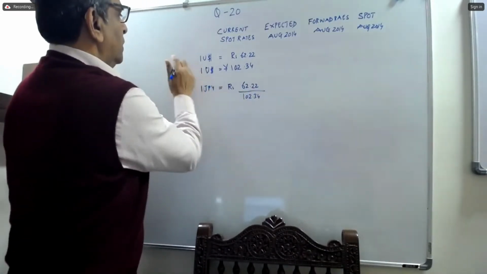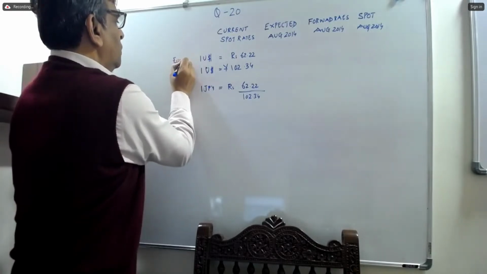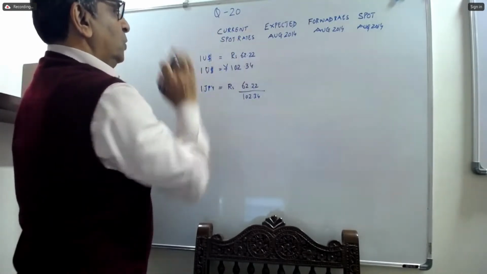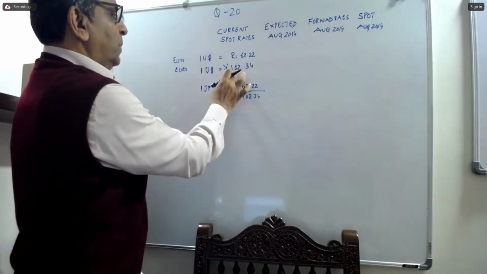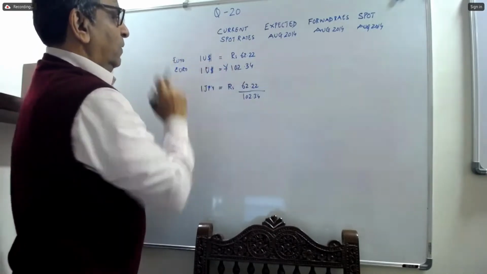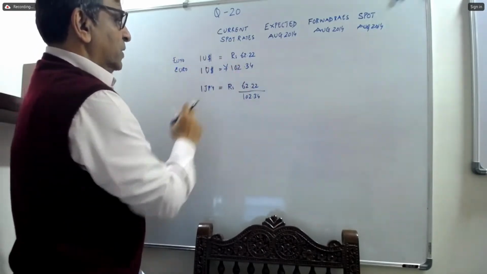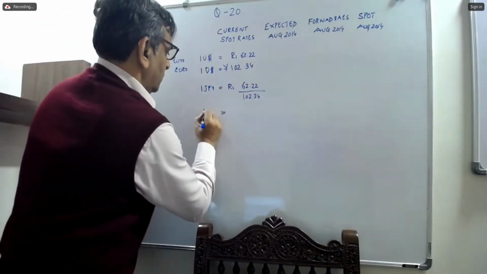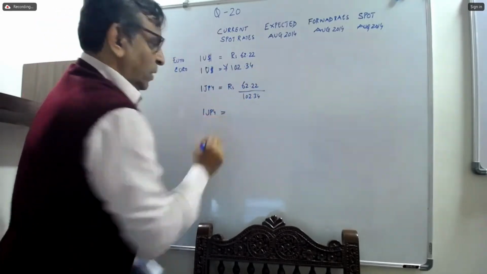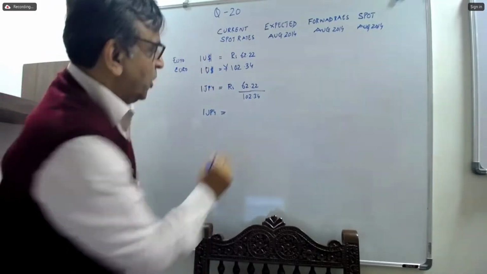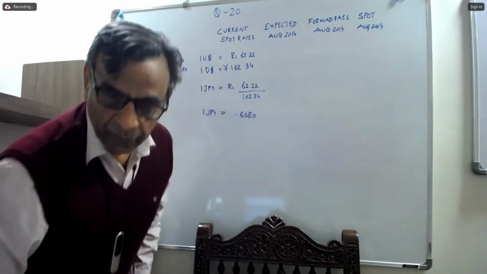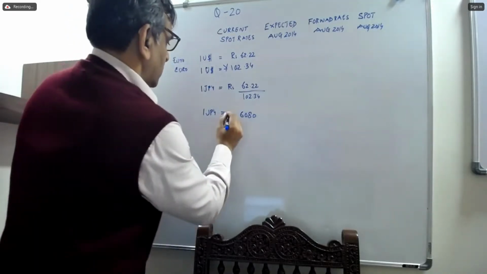Here both are European quotes. First, we are going to buy US dollar, then we are going to buy yen by surrendering US dollar. So the quote is actually inverse or reciprocal. That's why we made a division. So one Japanese yen will be equal to 0.6080.